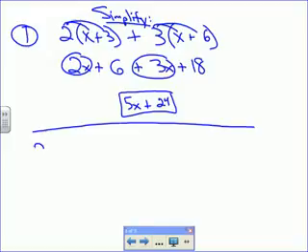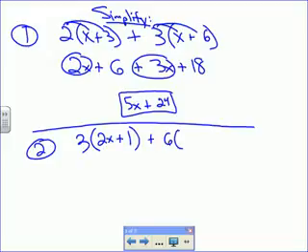Okay. You guys simplify that one and see what you get.